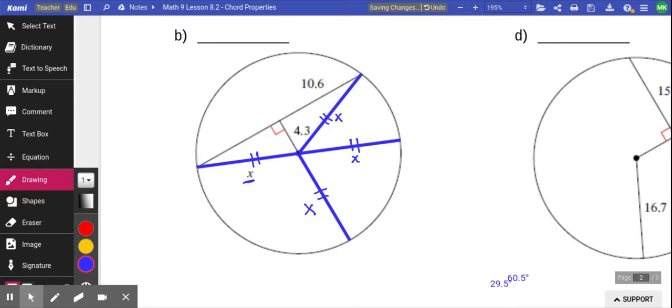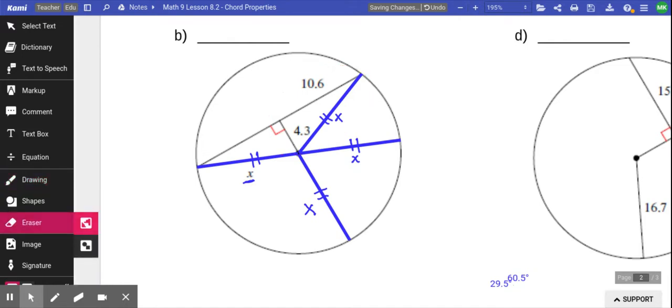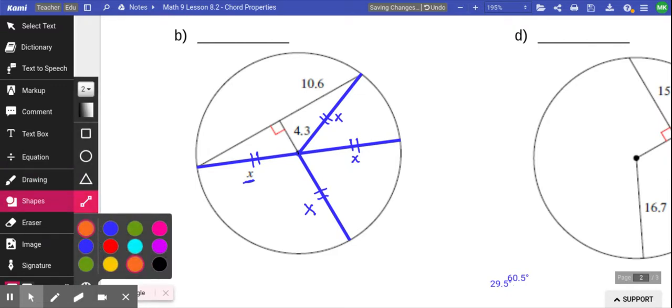Which is perfect because if you look, I actually have a 90-degree triangle right here. Right, so I could work with that to figure out what that blue x is, and those x's should all be the same. So I have this side right here, which is 4.3. I have this side right here, which is 10.6. I know it's 90 degrees because they told me this side is 90 degrees.